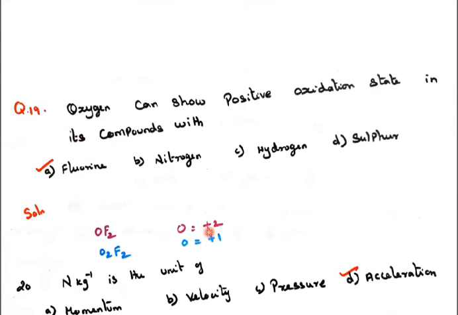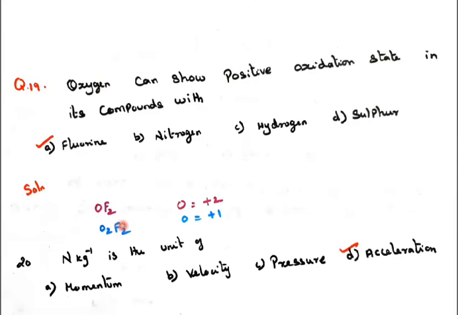Oxygen can show positive oxidation states in its compounds with which element? Oxygen usually carries -2 only. A positive oxidation state is seen only in OF2 and O2F2, the fluorine compounds, because oxygen electronegativity is 3.5 but fluorine electronegativity is 4.0.